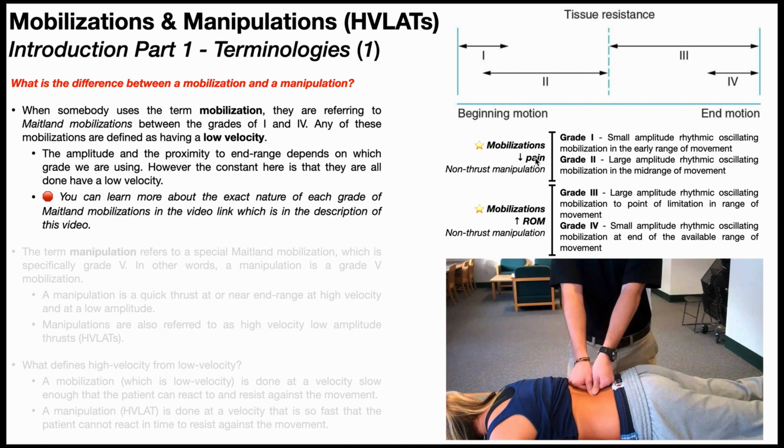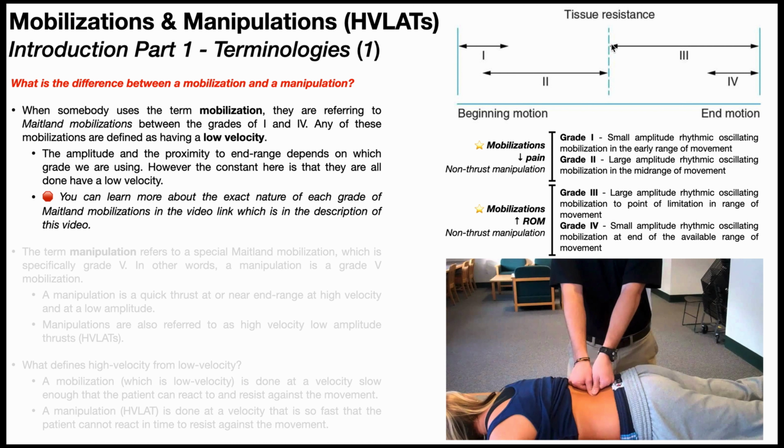You should never jump into grades 3 and 4 first. You should always assess the patient's response to grade 1 and then 2 before diving deeper, which leads us to grade 3. These are large amplitude rhythmic oscillating mobilizations to the point of limitation in range of movement. First find that first tissue resistance, then go all the way to end range.